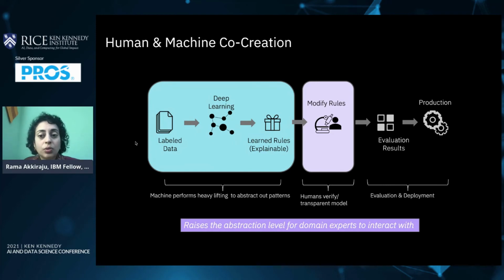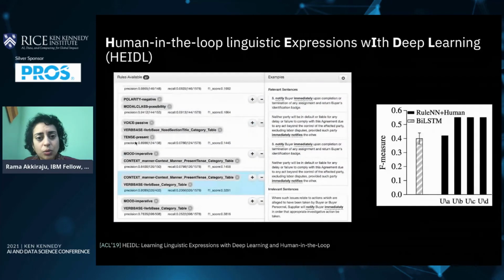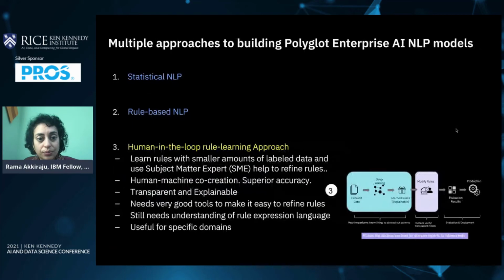So this hybrid approach of human-machine co-creation of a technique seems to be working very well. And when our research teams have applied it in the natural language understanding domain in multiple languages, when humans and deep learning algorithms worked together, we saw much better precision and recall measure scores.